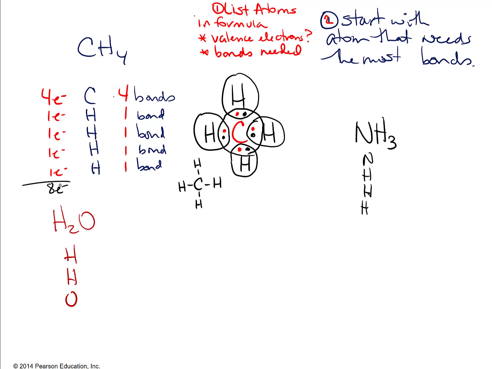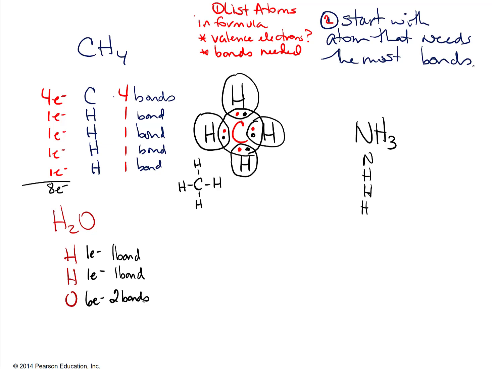So what about water? So you go through, do the same thing. Hydrogens, 1 electron, 1 electron. Oxygen has, what's its group? 6. So hydrogen needs 1 bond, 1 bond. Oxygen needs, to make 8, 2.